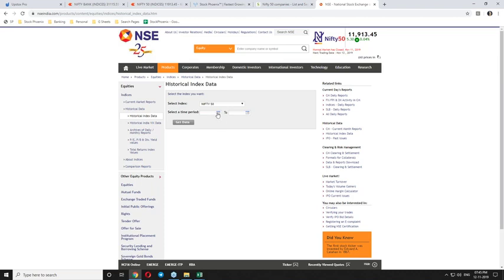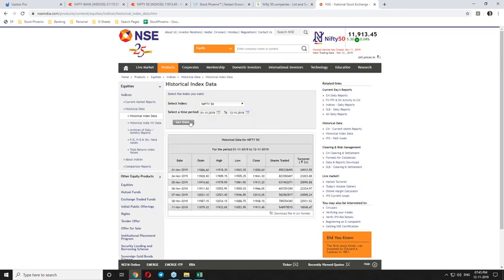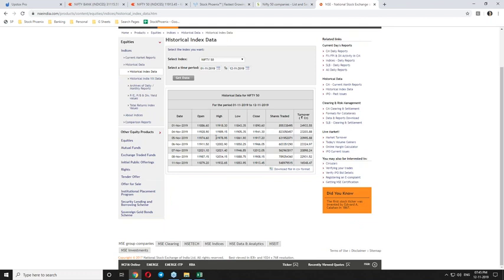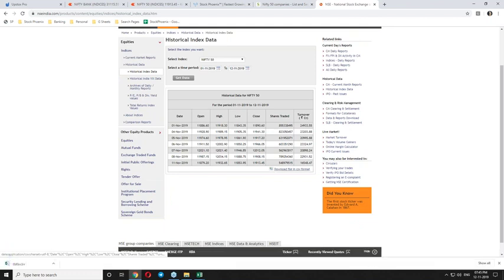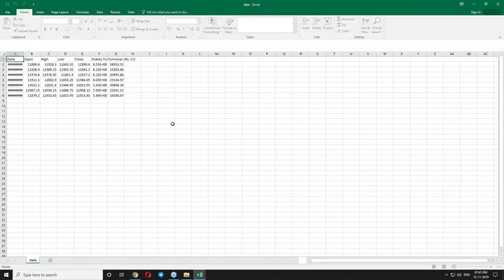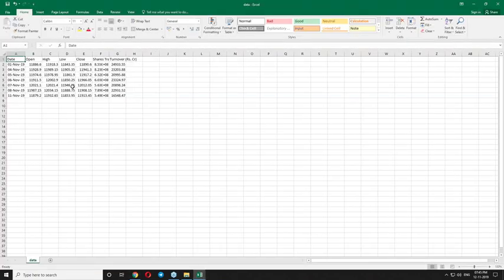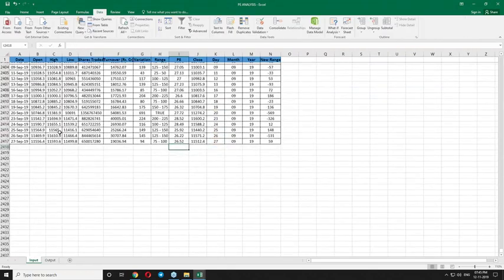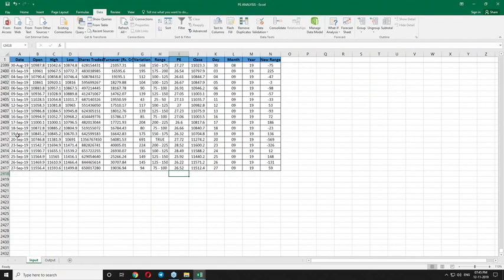You can get the historical data. Download into Excel, and you have to do the copy pasting into this Excel workbook manually. So now when you want to do this here, it is not required to do this entire work, from here you can start attaching. How can I get the data for stocks like this? Same, it is available, sir.